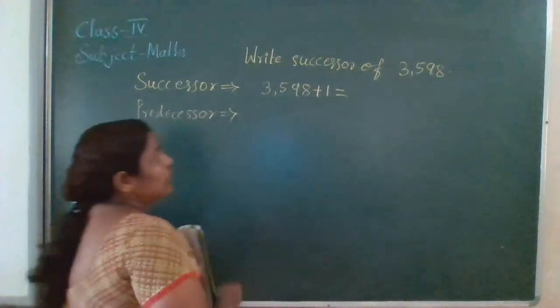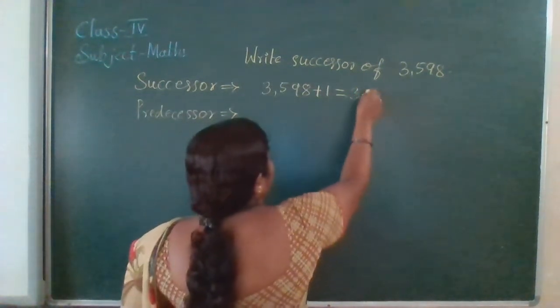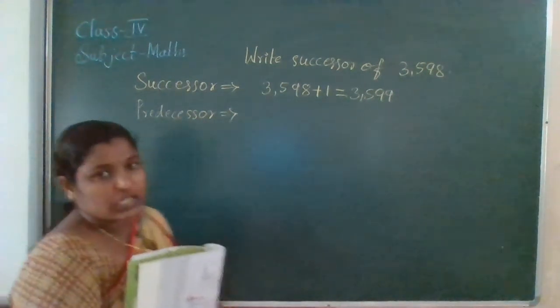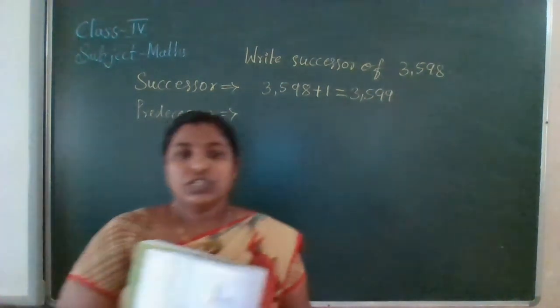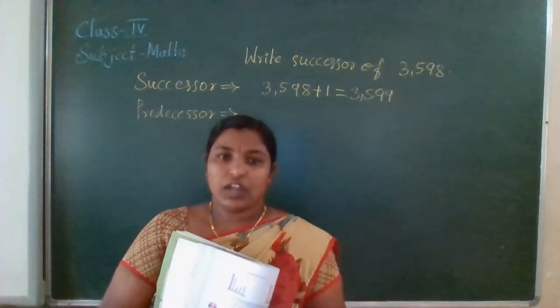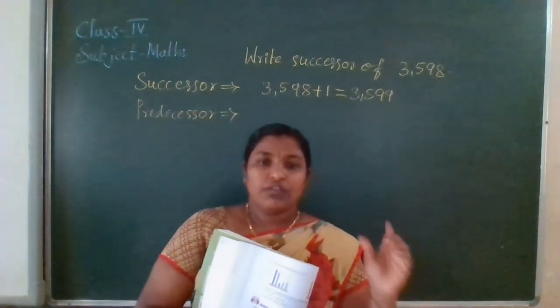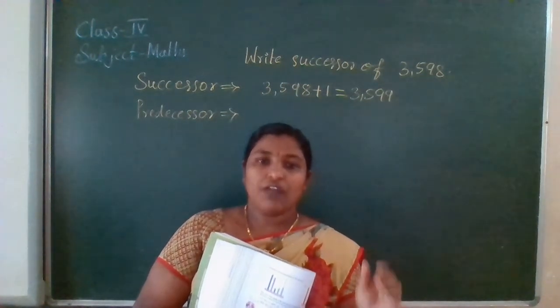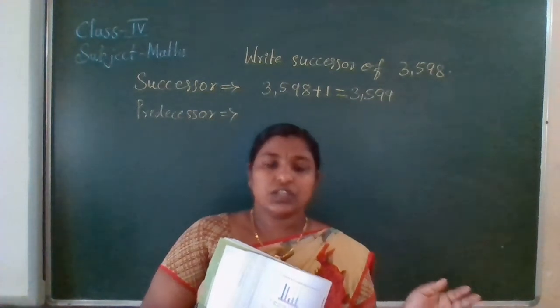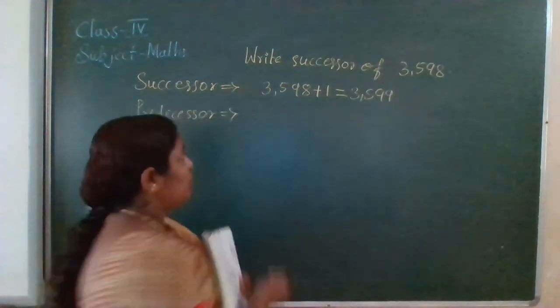So it will become 3599. So the successor is nothing but the number just after the given number. Whatever number is given, the number which comes after that number is the successor of the given number.